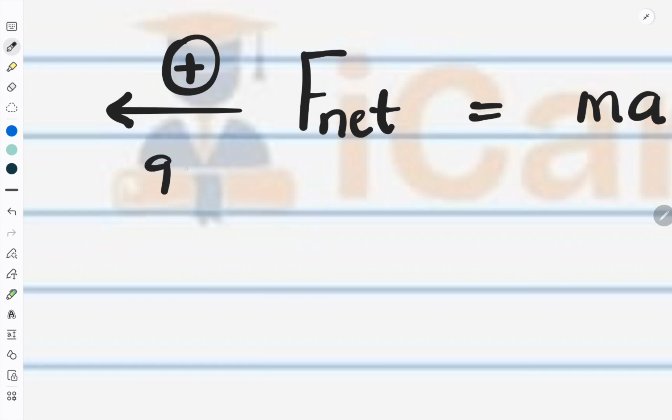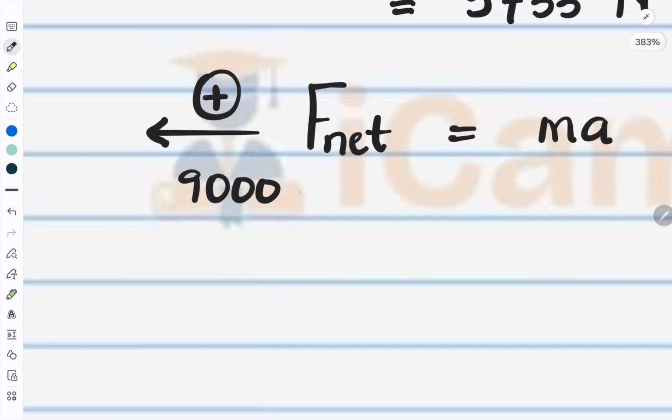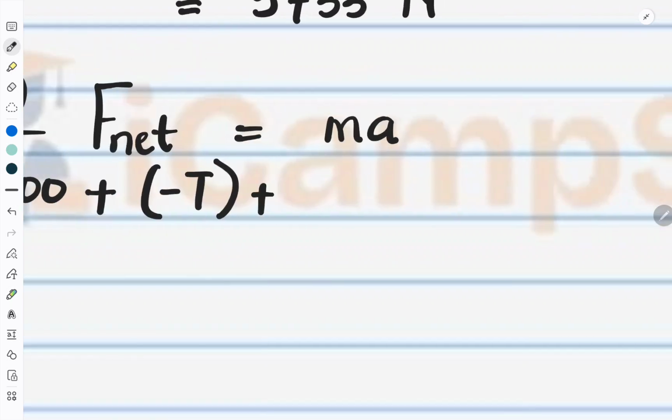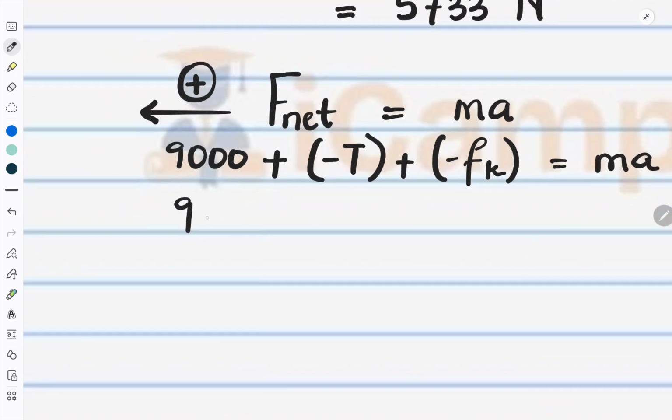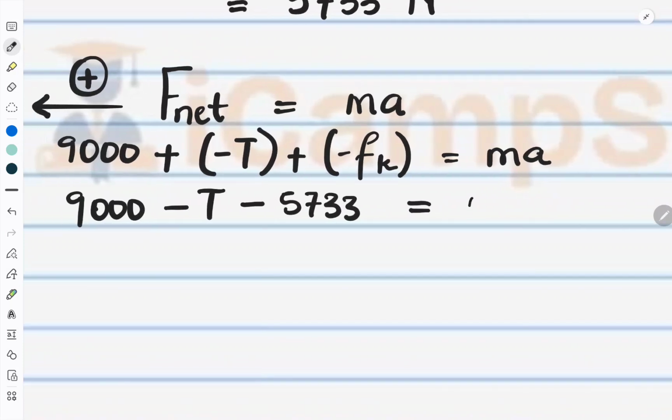So now we have 9,000, which is the force that the engine applies on the truck, minus, or let's say plus, we don't know T, plus, we know Fk, but let's just do this for now. I'm adding an extra step. It's unnecessary, but I want to check everything. So now you have minus T minus 5,733, equals 1,300 times acceleration.